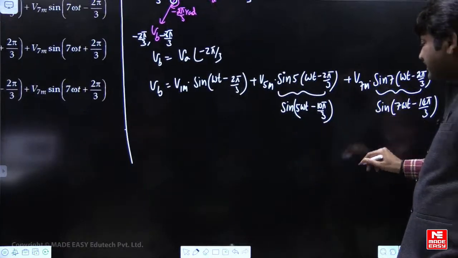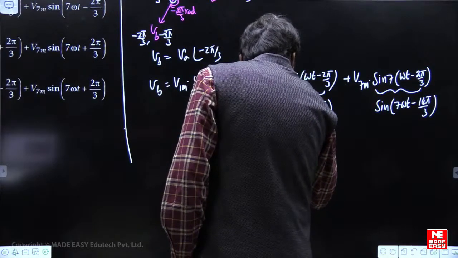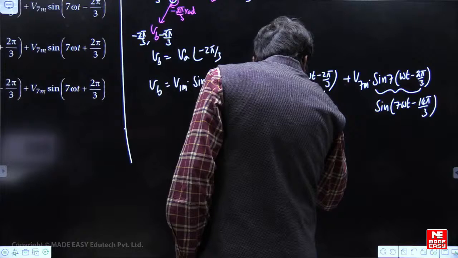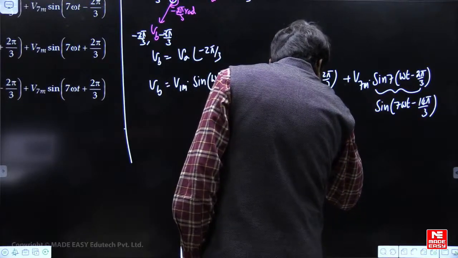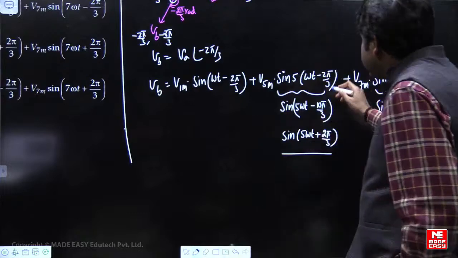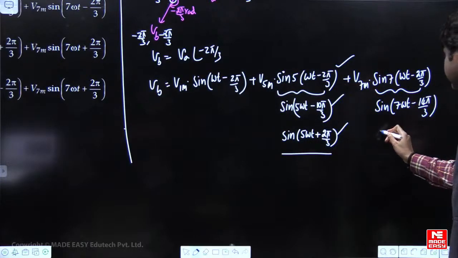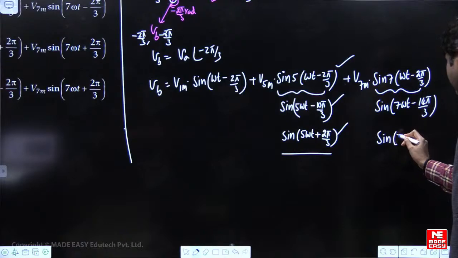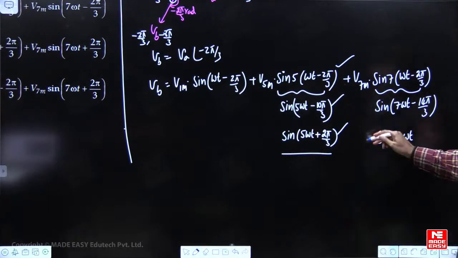So I can rewrite this expression like this: sine of 5 into omega t plus 2 pi by 3. This is also right. You can use this one or this one. Similarly, this one is written as sine of 7 omega t. What is minus 14 pi by 3?